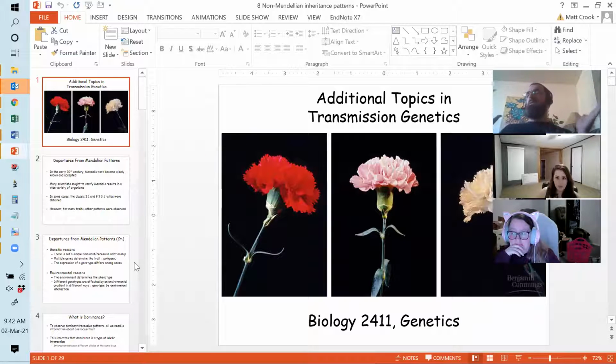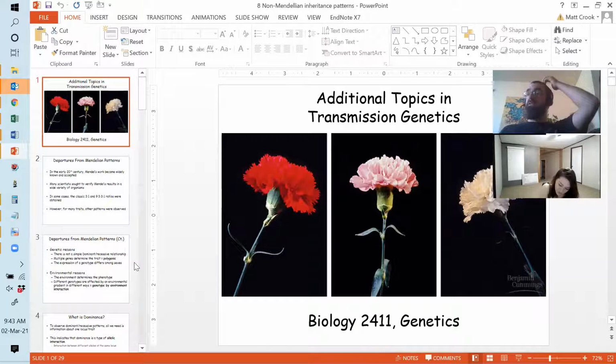So essentially what we're trying to do in the space of two lectures is give you the much bigger picture of genetic complexity in terms of inheritance, and it is phenomenally complex, right? If you think about your own family tree from the perspective of inheritance, there will be some traits which pop out as family traits, whatever those might be, and they will pass down through generations and you can follow them, right?